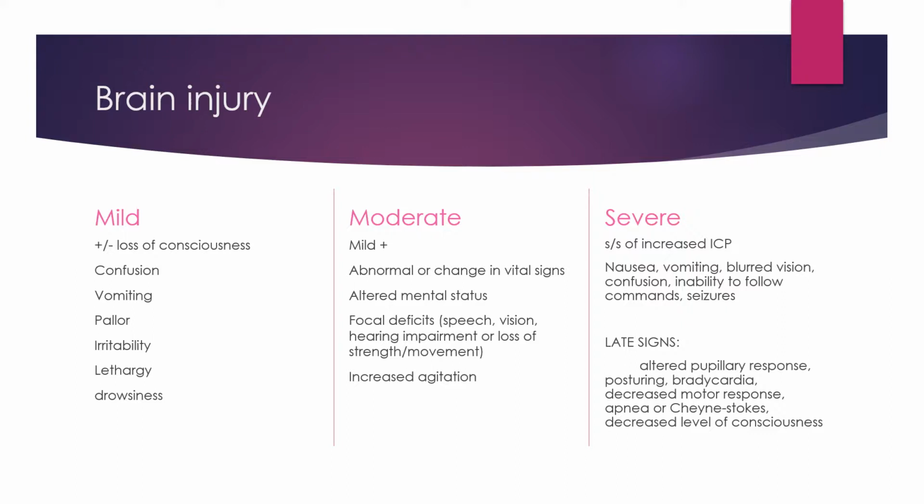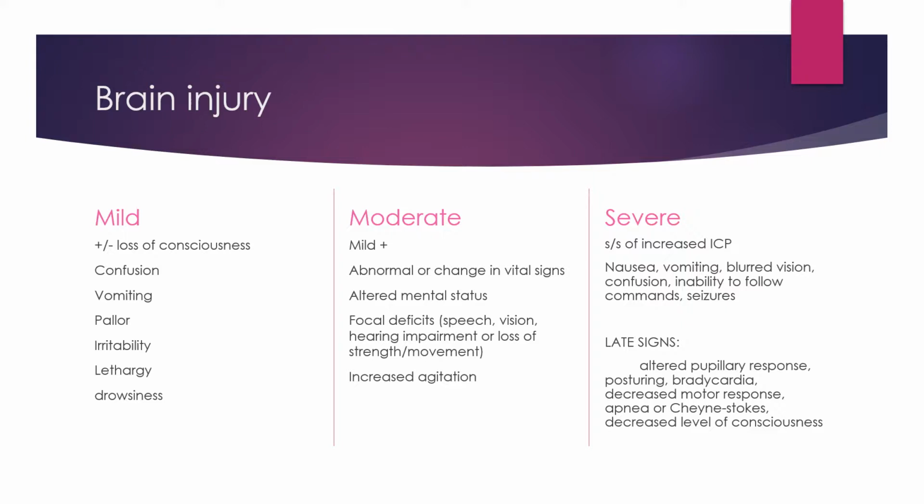So you may have slurred speech, you may have loss of vision on one side, or hearing impairment, or a loss of strength or movement of one part of the body. And that tells you that it correlates to damage on one side or the other of the brain. And then you may also see increased agitation.